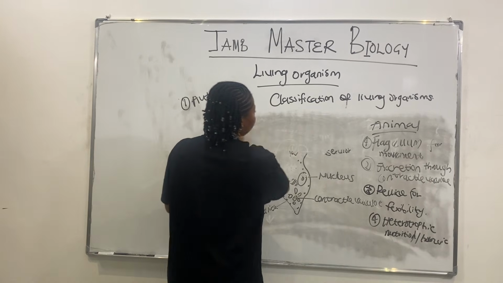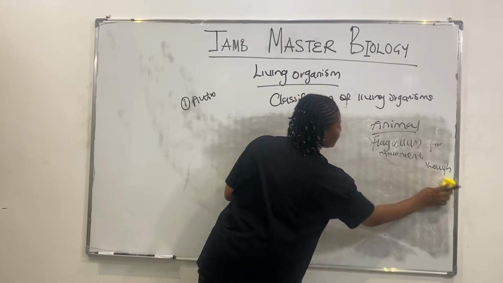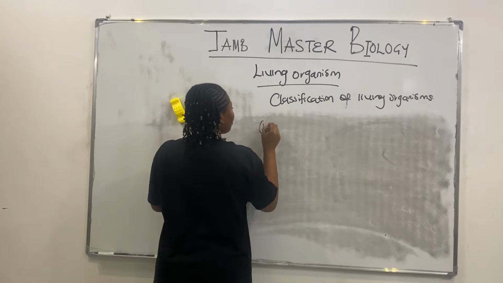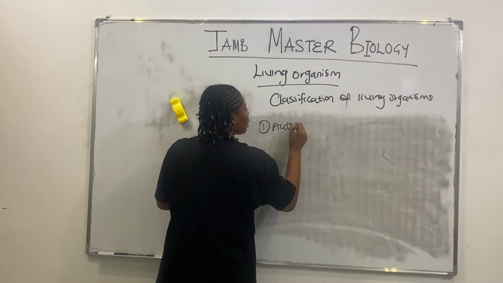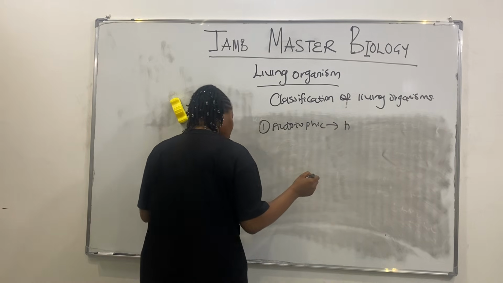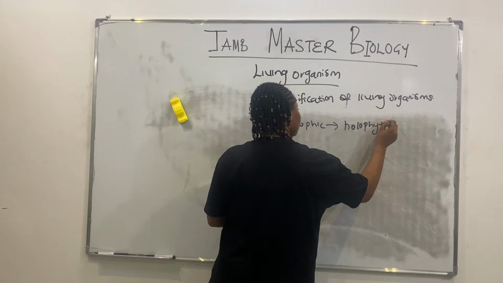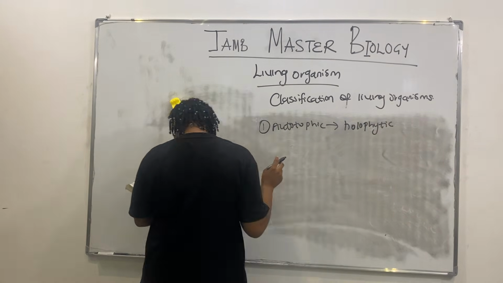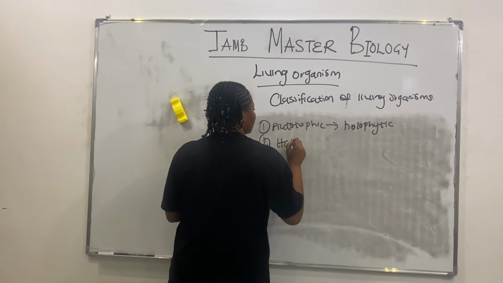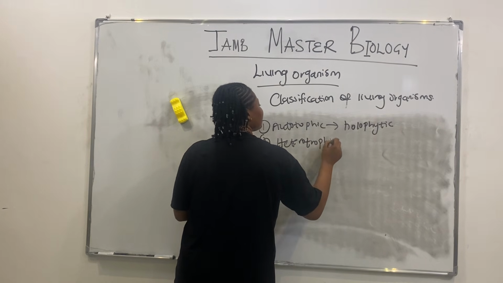I'm wiping this off so we can see. So I'm saying that autotrophic is the same thing as holophytic, and I'm saying that heterotrophic is the same thing as what?